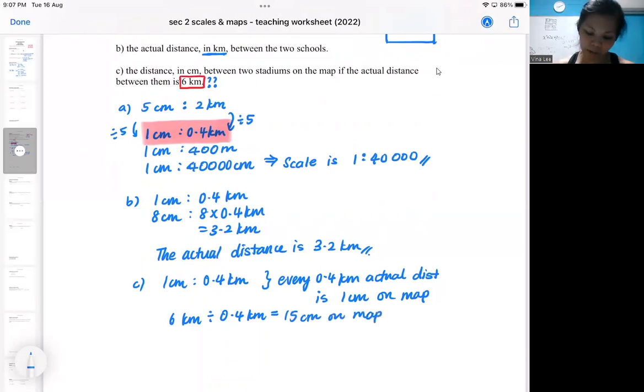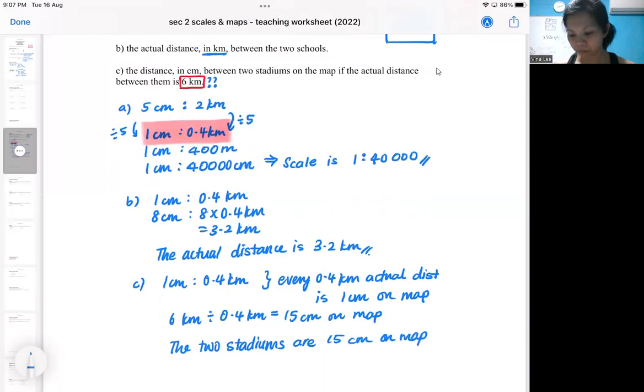So the two stadiums are 15 centimeter on the map. Okay, so there's an example like how they will ask you. It's actually quite easy if you have a basic interpretation and you don't mess up the units.